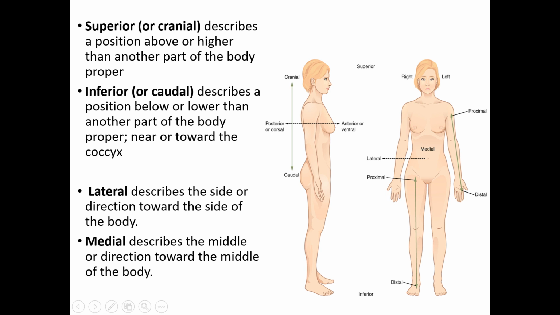So when we compare those two, the nose will be medial to the ear, and the ear will be lateral to the nose. But what if we are comparing our ears and our thumbs? Related to the midline, ears are closer to the midline. So the ear will be medial to the thumb. The thumb is away from the midline, so the thumb will be lateral to the ear.